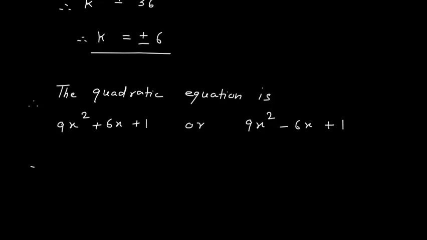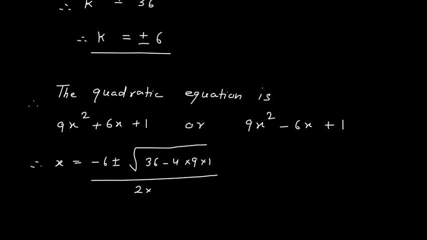Okay, so therefore the value of x will be minus 6 plus or minus root of b square, that is 36 minus 4 into 9 into 1 upon 2 into 9, or we have the value of x as minus minus 6, it is plus 6 plus root of 36 minus 4 into 9 into 1.